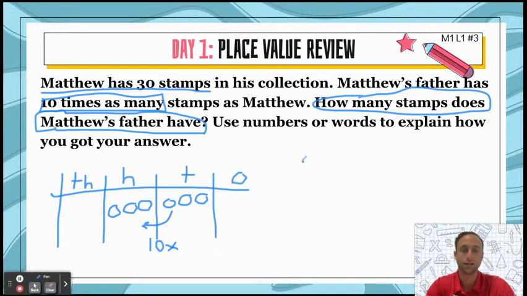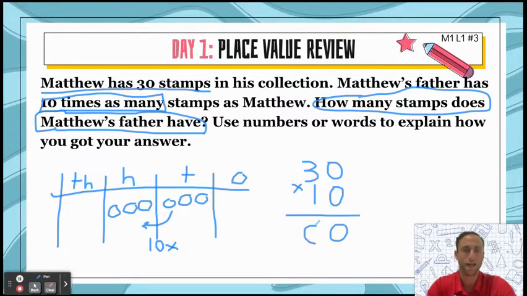Let's take a look at that using our multiplication. 30 times 10 is the same way as saying 10 times as many as 30. Okay? I'm going to show you the standard algorithm. So 0 times 0 is 0, and 0 times 3 is 0.